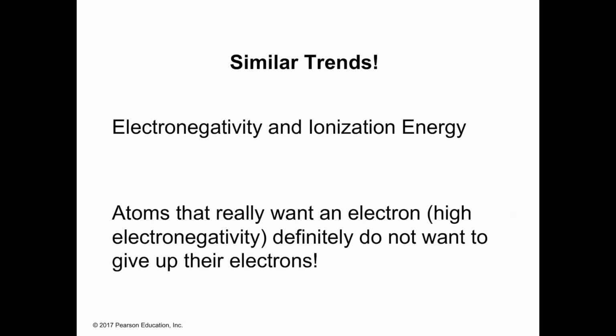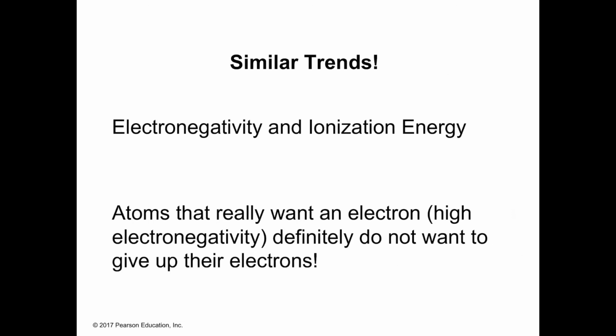So again, you'll notice that electronegativity and ionization energy have similar trends. Not exactly the same because we're not looking at the noble gases for electronegativity, but it's the same general direction. And the reason for this is that atoms that really want an electron, atoms that are trying to pull electrons toward the atom, have a high electronegativity.